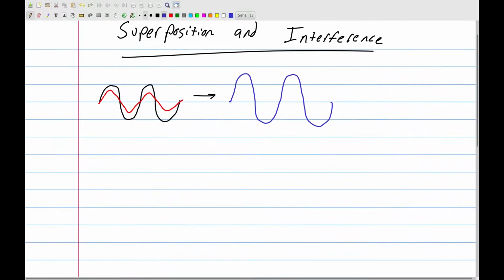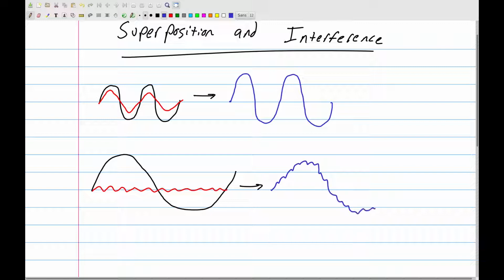Now, these waves don't have to be the same frequency or wavelength either. You might have one big wave sort of like this, and you might have a smaller wave doing something like this. And if these two waves were to interact, you might end up with a resultant of one big wave that kind of has these little wiggles on it from the smaller wave.